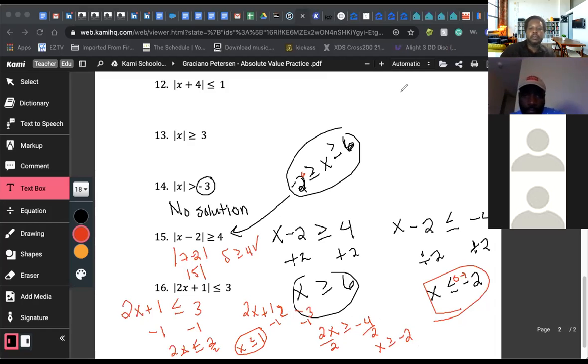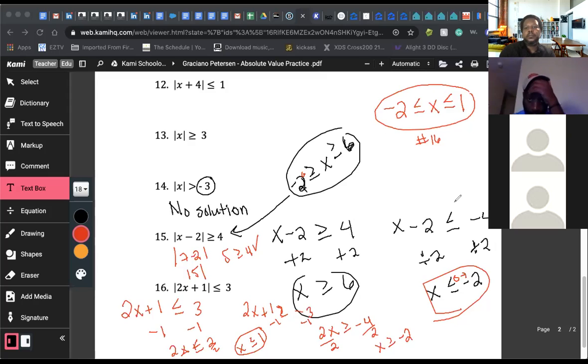So the range for number 16 needs to be a number in between the negative 2 and the 1 for it to work. X is less than or equal to 1, greater than or equal to negative 2.